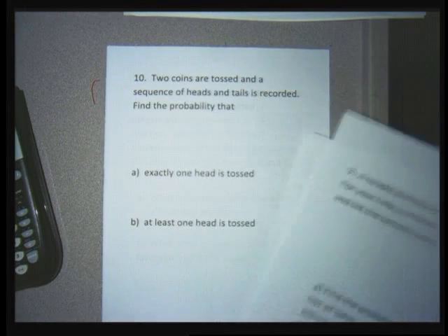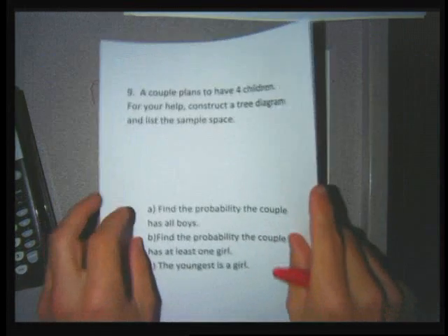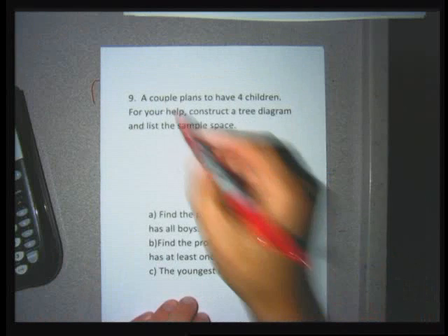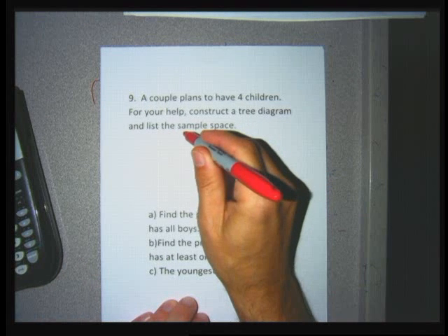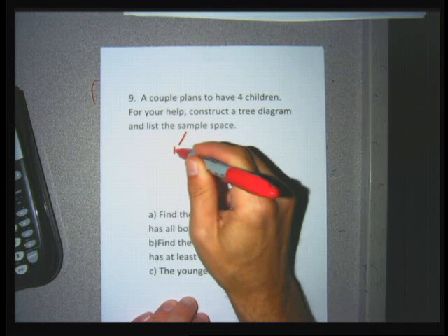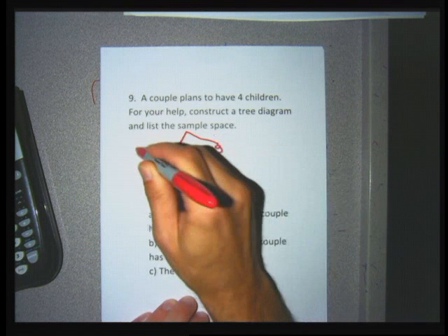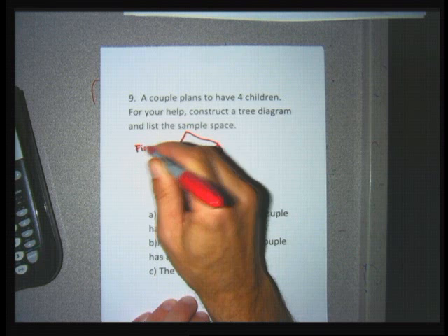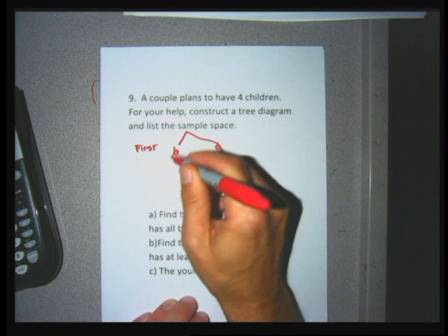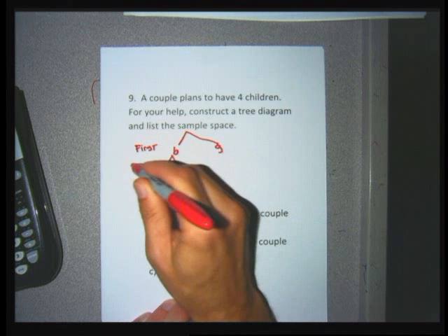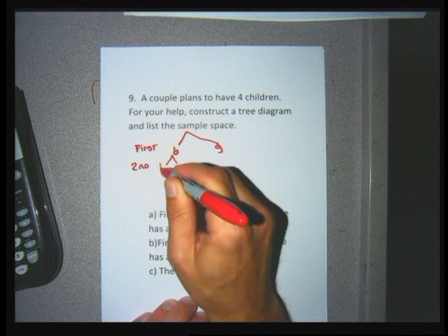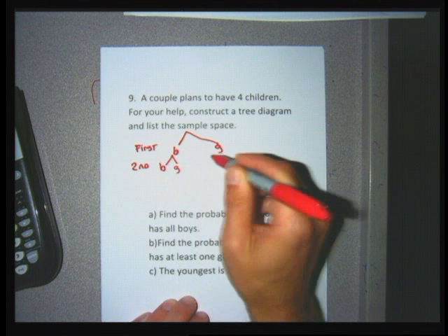Number 9 wants me to make a sample space. You don't absolutely have to make a sample space, but for a couple having 4 children, the sample space is kind of large, and getting one constructed might help. So I'm going to make a tree. The first kid could be a boy or a girl. The second kid, regardless of what the first kid is, can be a boy or a girl.